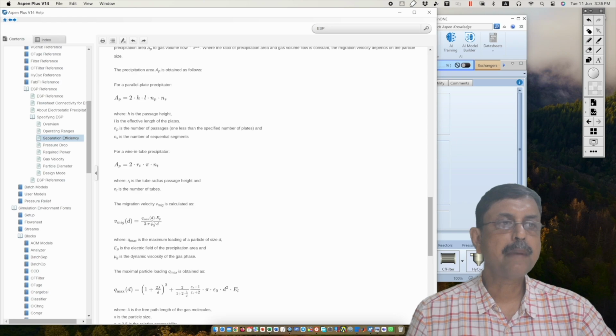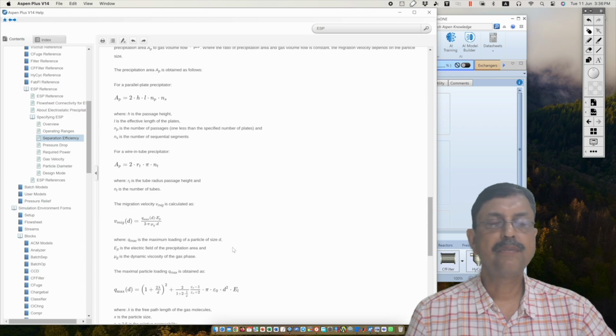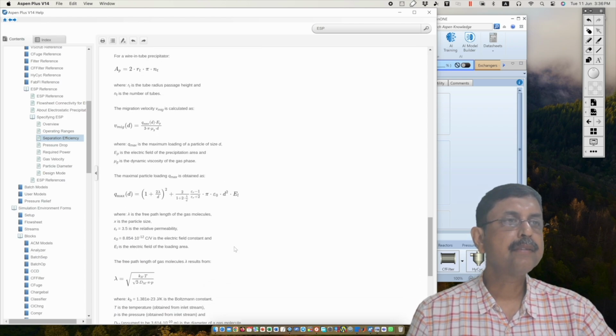Here you have an expression V mig d, and V mig d is the migration velocity that can be calculated by this equation, where Qmax is the maximum loading of a particle of size d, EP is the electric field of the precipitation area, and mu g is the dynamic viscosity of the gas phase, which will be available from the Aspen database.